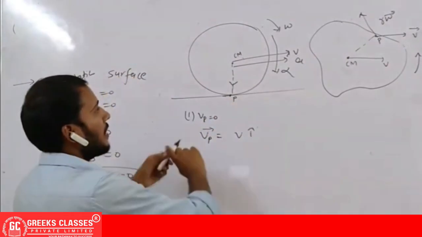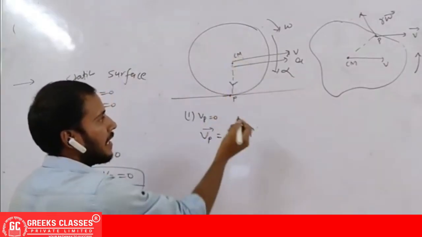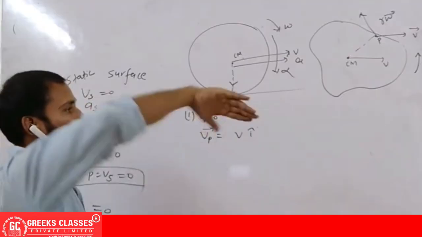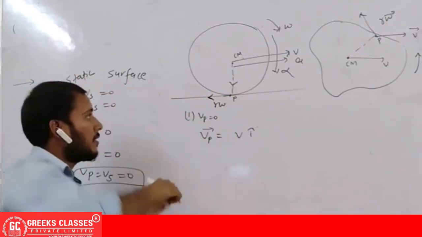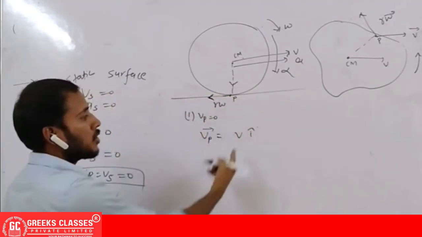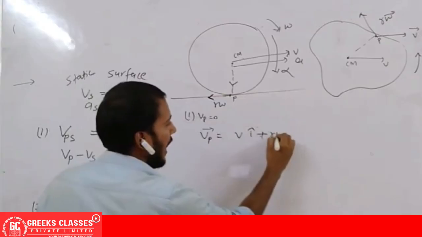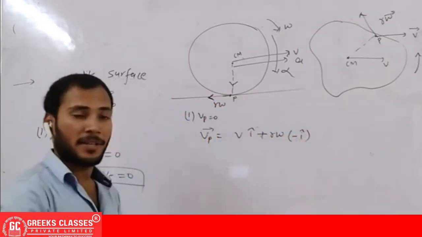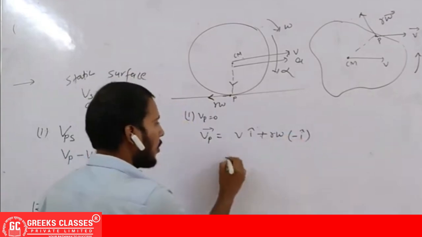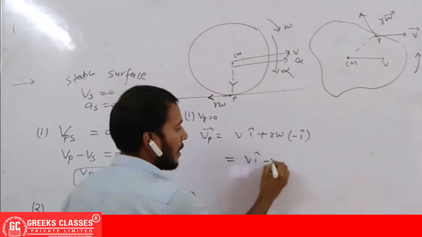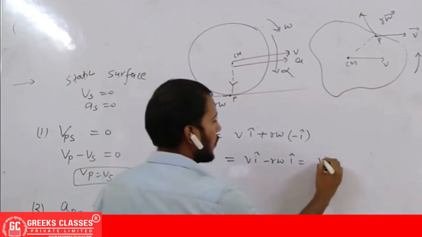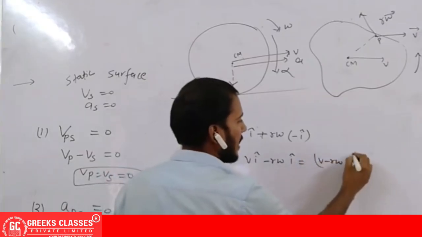This is omega and this is the radius, so R omega will be in this direction. So it is V i cap plus R omega, and the direction is minus i cap. Correct? Fine. So this is V i cap minus R omega i cap, which is nothing but (V minus R omega) i cap.